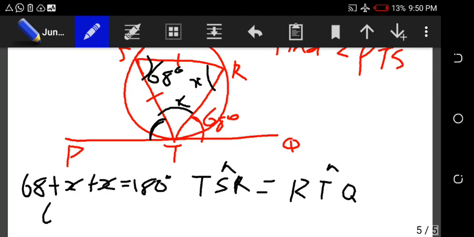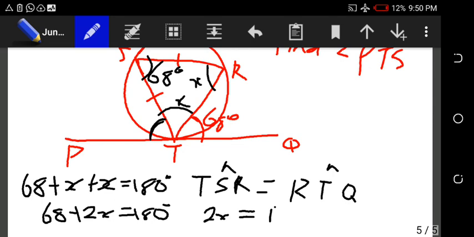That means 68 plus 2x is equal to 180 degrees. When we take away 68 from both sides, 2x is equal to 180 minus 68, which gives us 112 degrees.